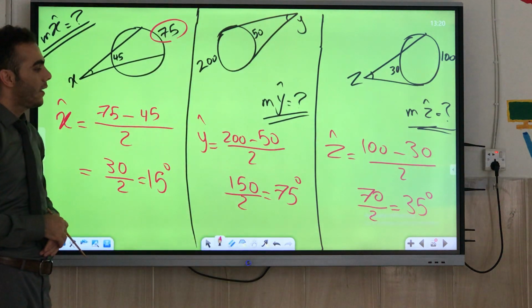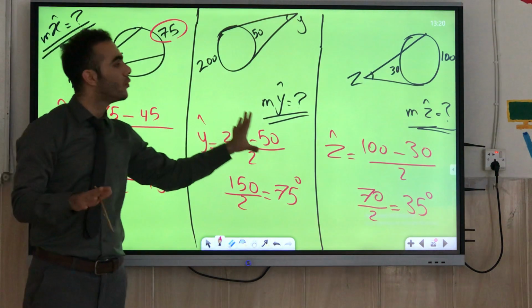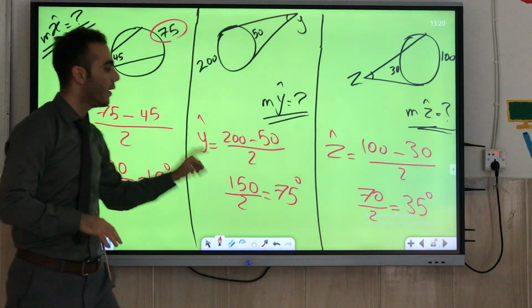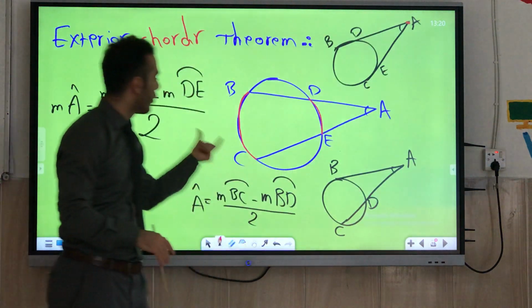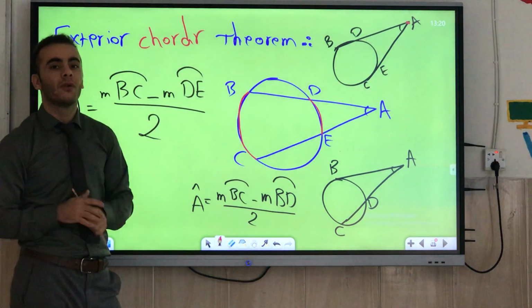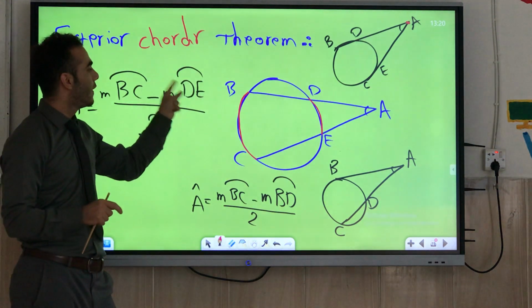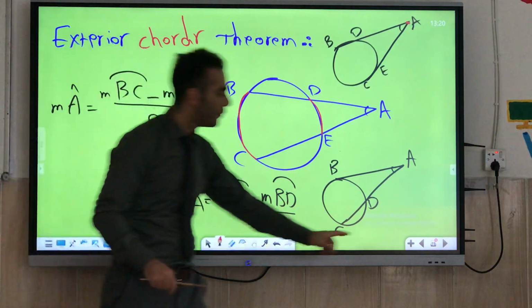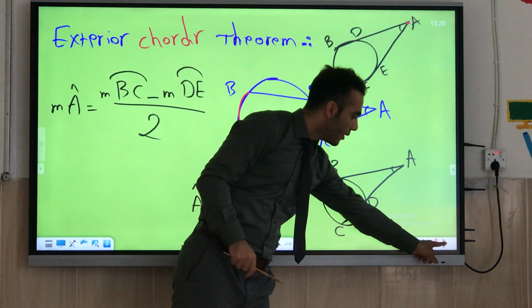And all the examples regarding the exterior chords theorem are going to be solved by this formula: the difference of the arcs across from the 2 intersecting lines.